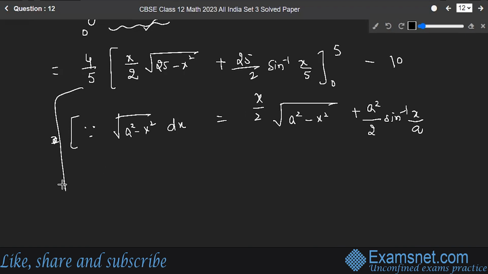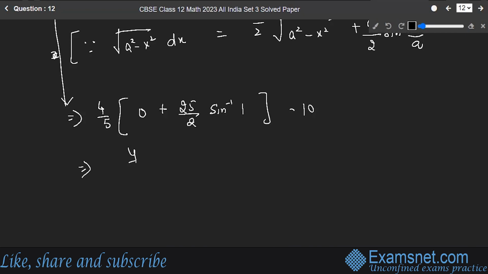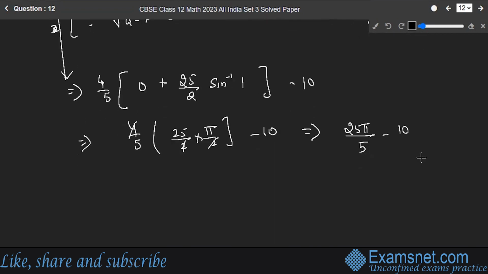Now this will become 4 by 5. I'm putting the limits. 0 plus 25 upon 2 sine inverse 1, minus 10. That is equal to 4 by 5, 25 by 2, pi by 2 minus 10, or that is equal to 25 pi upon 5 minus 10.